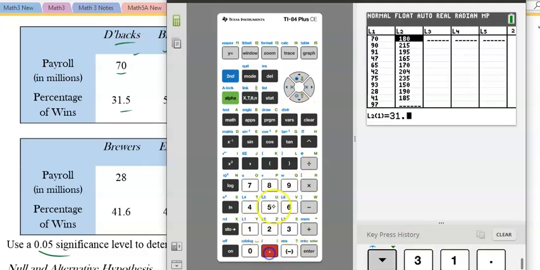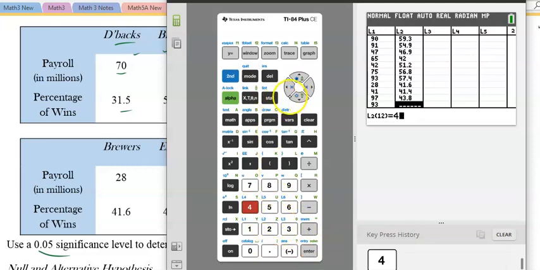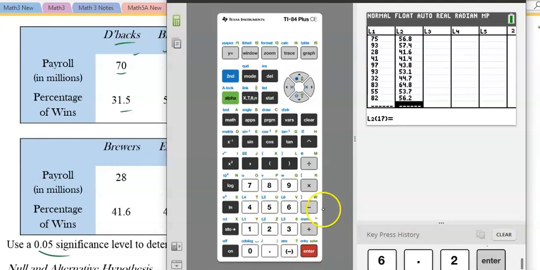L1, that is 31.5, 59.3% wins, 54.9, 46.9, 42 even, 51.2, 56.8, 57.4, that should be the 8th, that's right, 41.6, 41.4, 43.8, 53.1, 44.7, 64.8, 53.7, and the 16th 56.2. So that's my data. I already input that in.